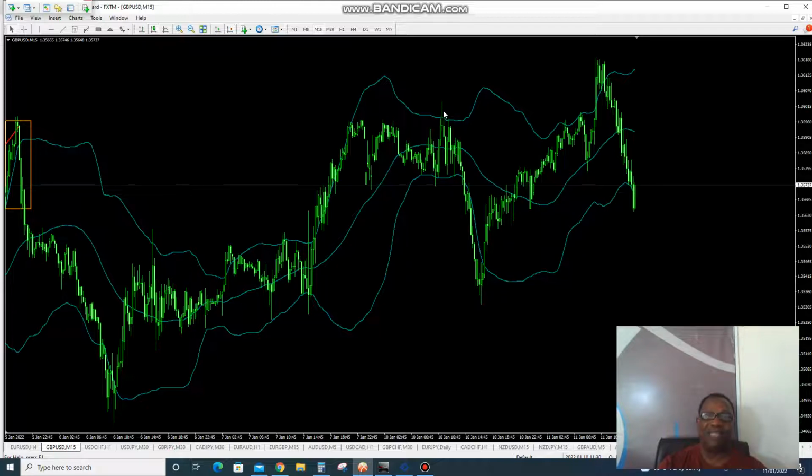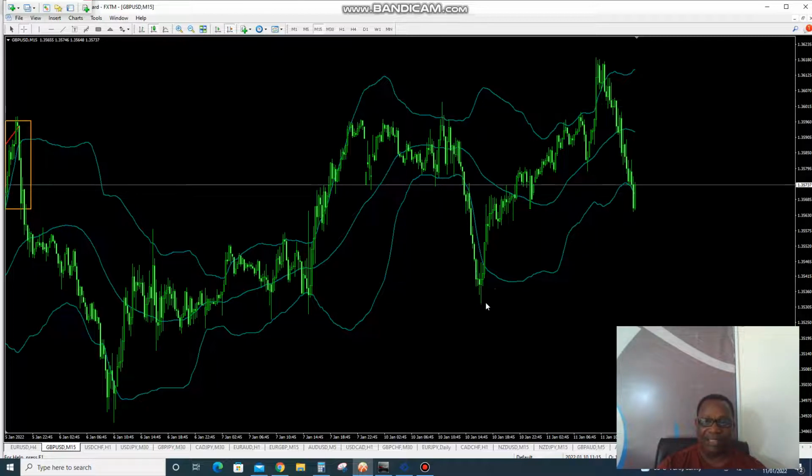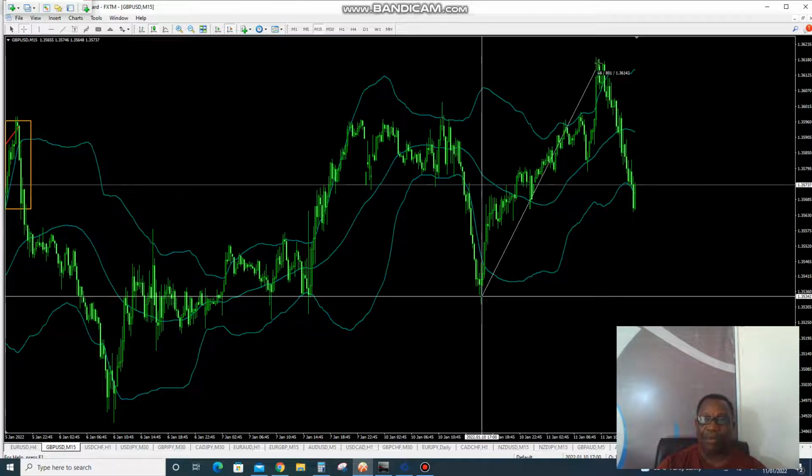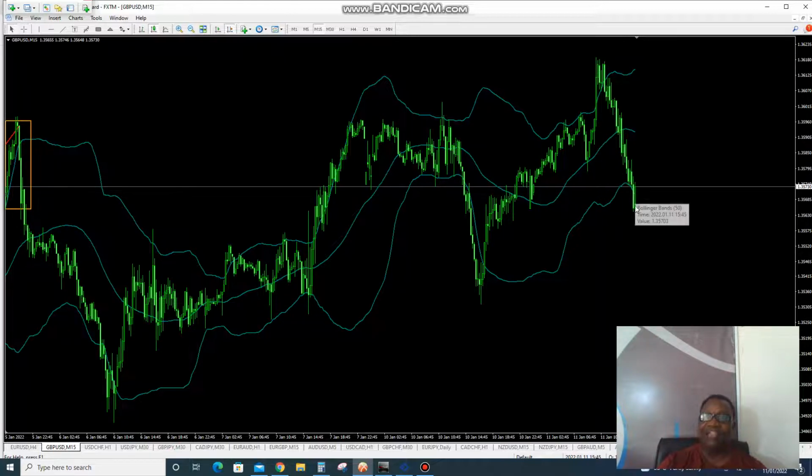If it breaks out here, it means it has been overbought. So you need to sell. You sell from up, down, then you buy from down, up. By the time this trade finishes, it is descending, in bearish mode, you would have seen that it's going to turn. Then by the time it turns, it will turn to a buy.